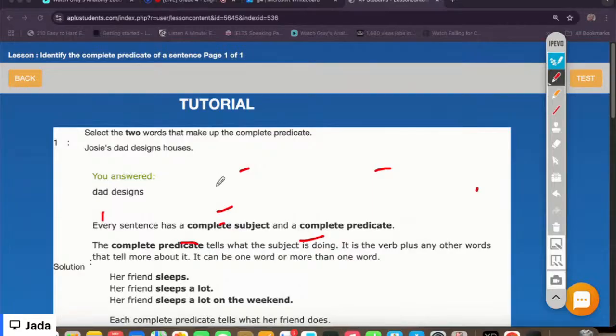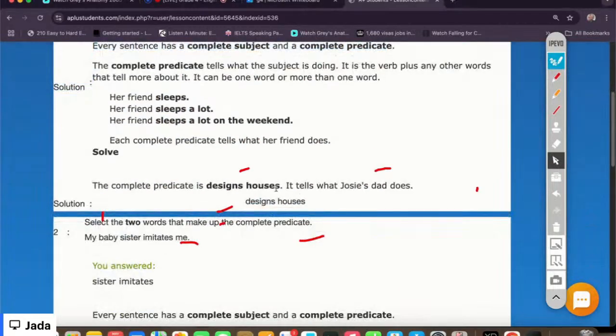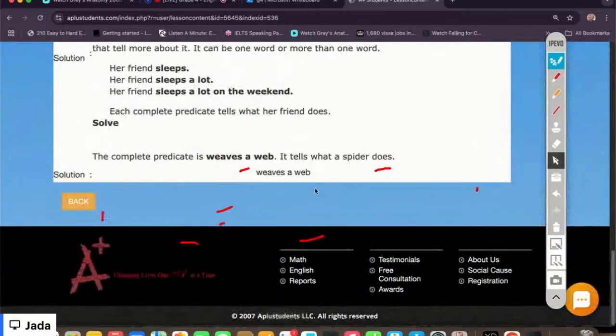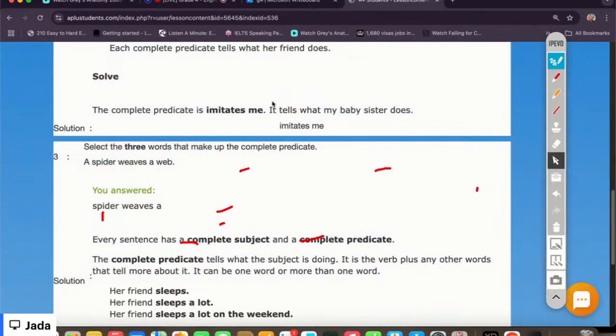Josie's dad designs houses. So what's the predicate here? We have designs houses. Okay? Now two words that make up the predicate. My baby sister imitates me. So what would be the verb? We have imitates me. Okay?